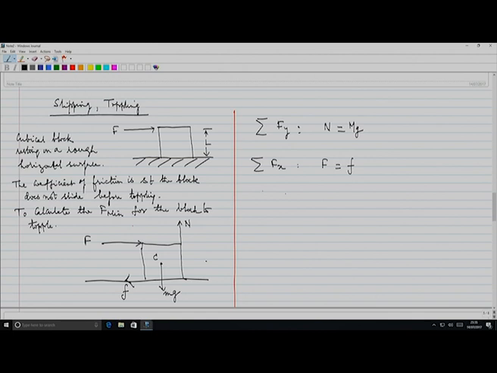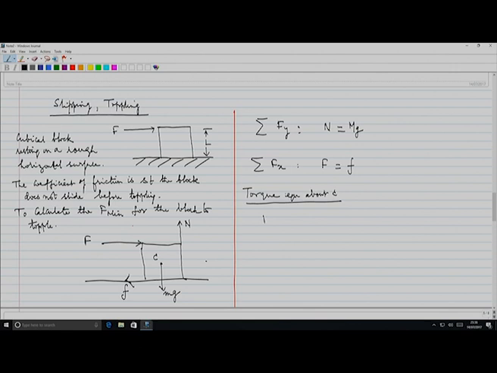Now we will take torques. We will write the torque equation about the center of mass, the center of the cube.